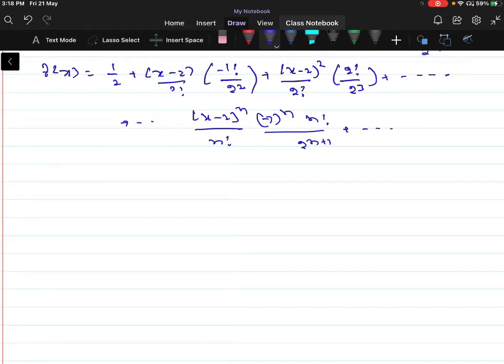So this can be written as f of x is equal to 1 by 2, 1 factorial and 1 factorial cancel.